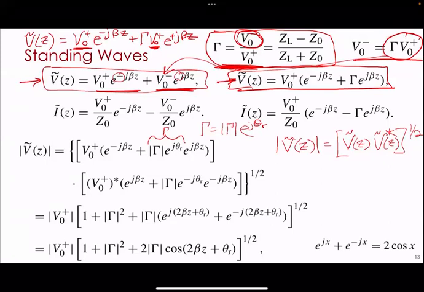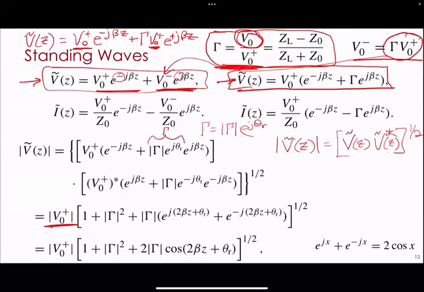If you multiplied V0 plus times V0 plus conjugated and took the square root, that's the definition of magnitude, just like what we had before, but for V0 plus instead of for V at z. So that's why we can pull out the V0 plus and the magnitude signs. That's where that goes.